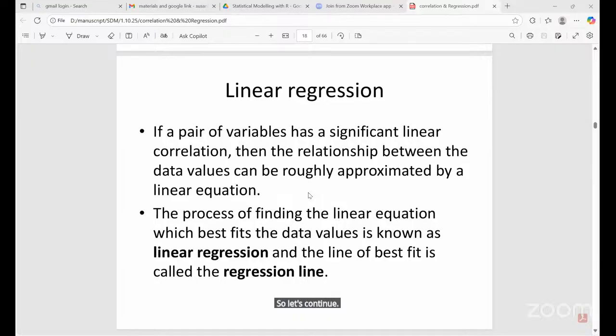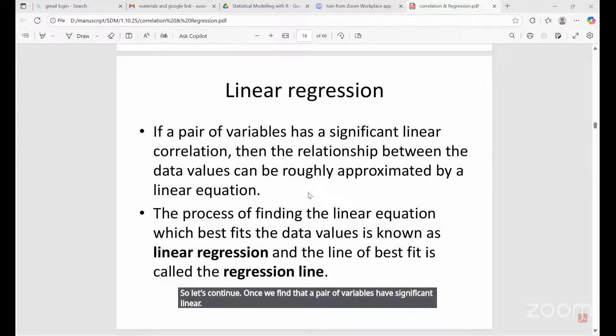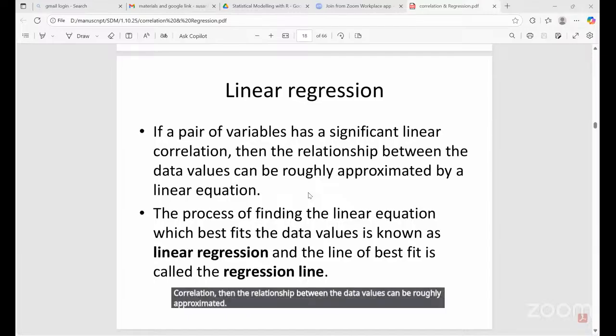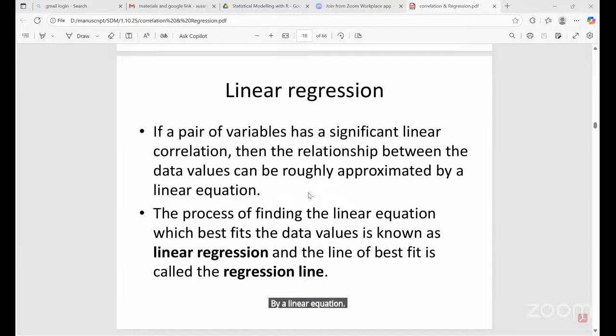Once we find that a pair of variables have significant linear correlation, then the relationship between the data values can be roughly approximated by a linear equation. The process of finding the linear equation that suits our data is called linear regression, and the line of best fit is called a regression line.